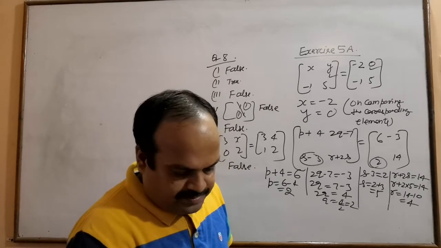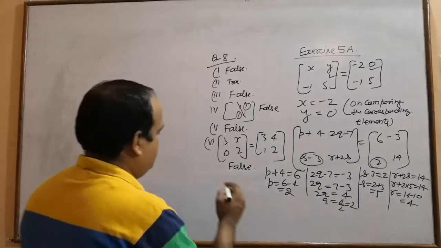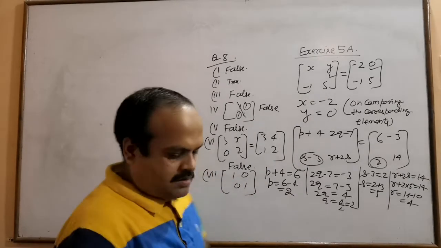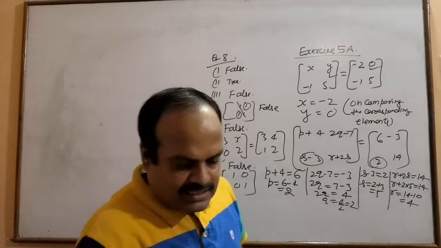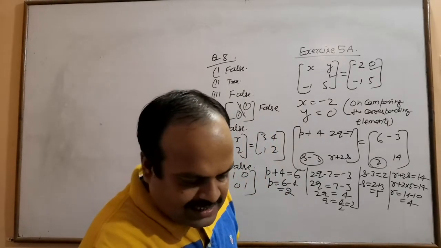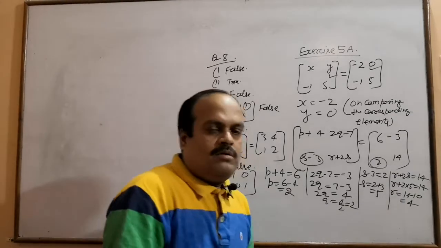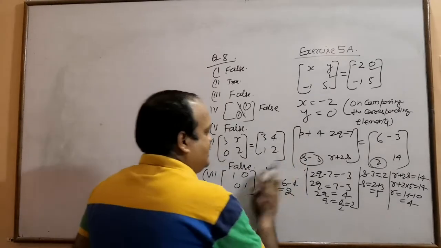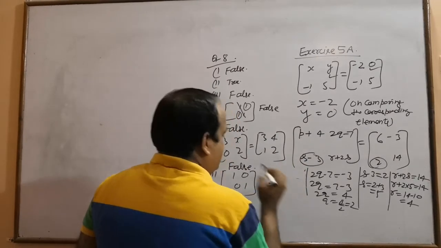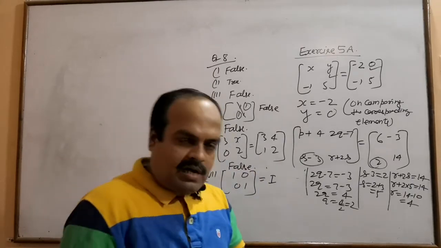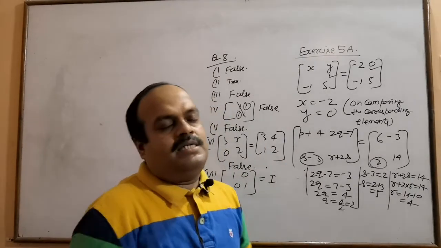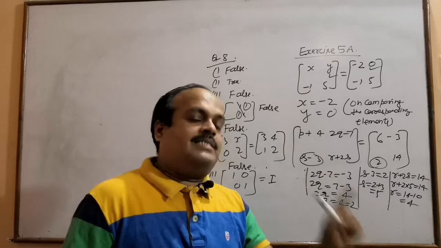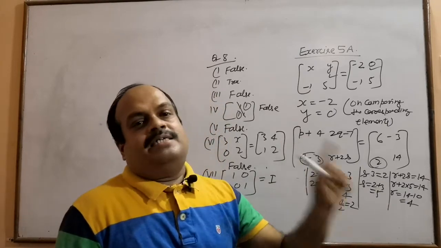Now, next one. 1 0 0 1 is the identity matrix of addition of order 2? No. This is the multiplicative identity matrix and its symbol is I. This unit matrix is called the multiplicative identity matrix, while the zero matrix or null matrix is called the additive identity matrix.